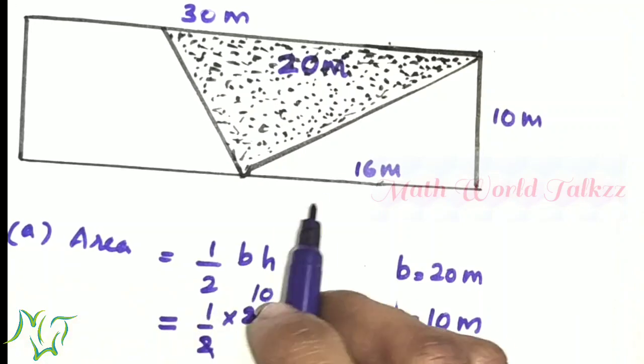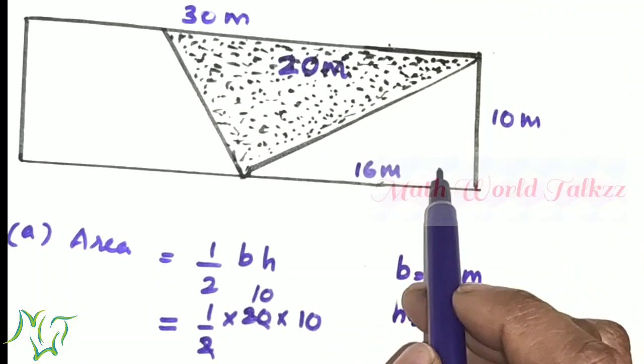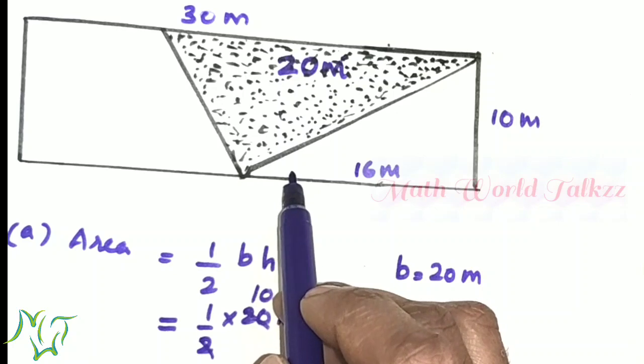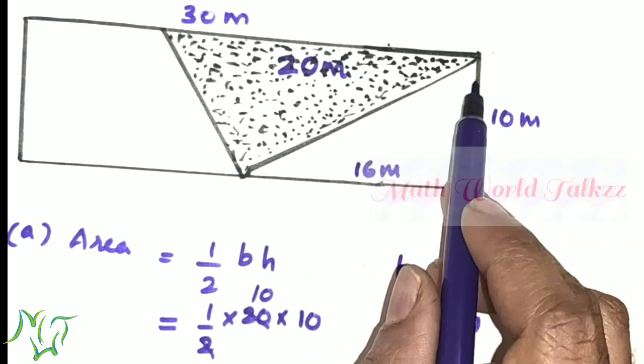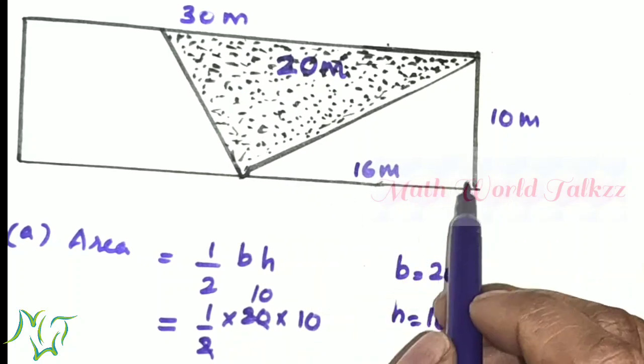Then second question, we want to find the area of this region. So this is also a triangle, and which triangle is it? It is a right angle triangle.